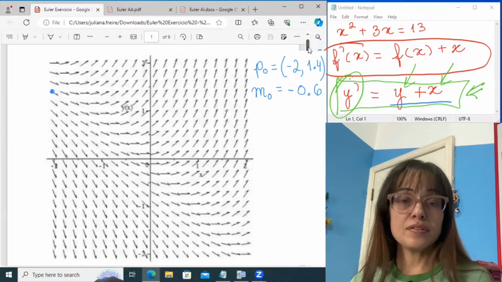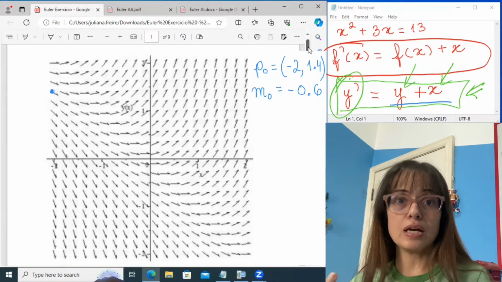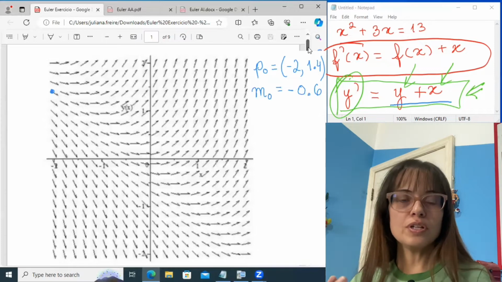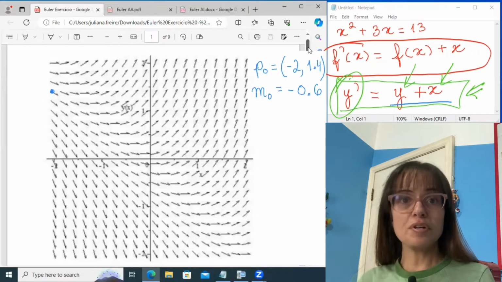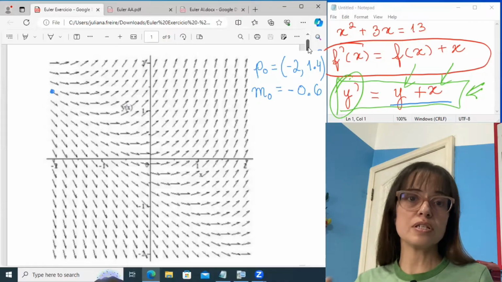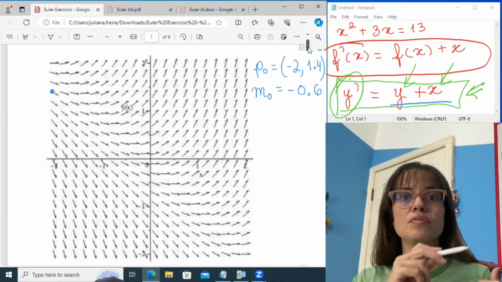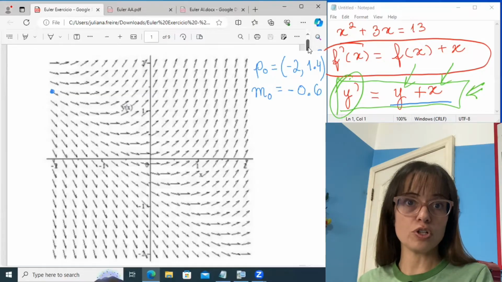-0.6. The next thing that I need to do is to decide how big of a line segment I am going to do. Usually in exam questions, this is determined for you, they tell you. But the smaller that the line segments are, the more closely this collection of segments is going to be representing the actual smooth function that is the solution to the differential equation.